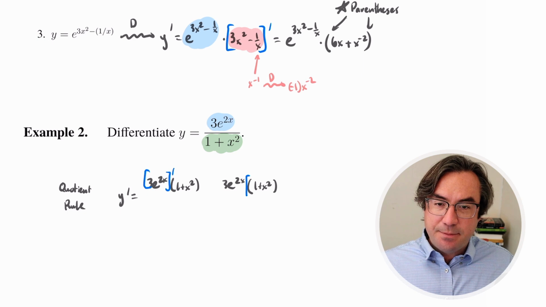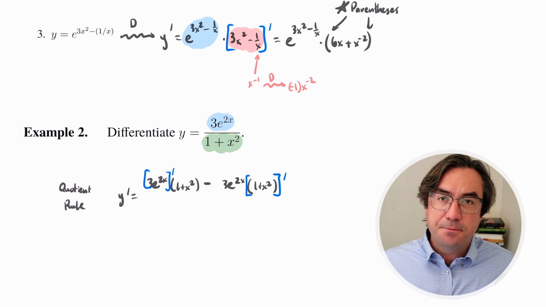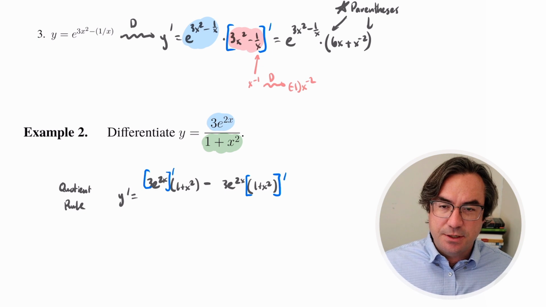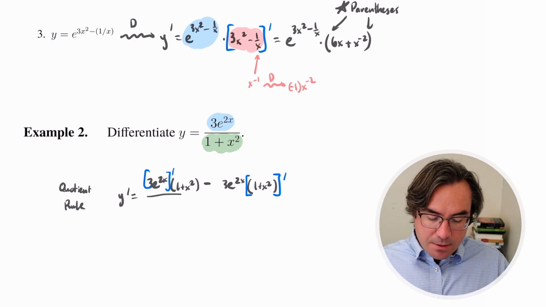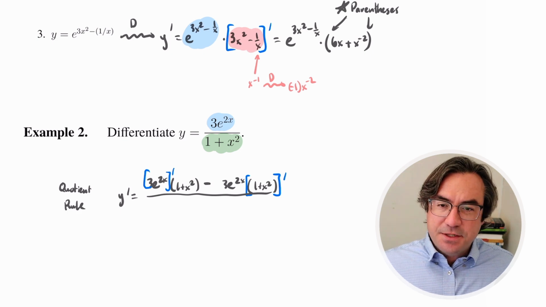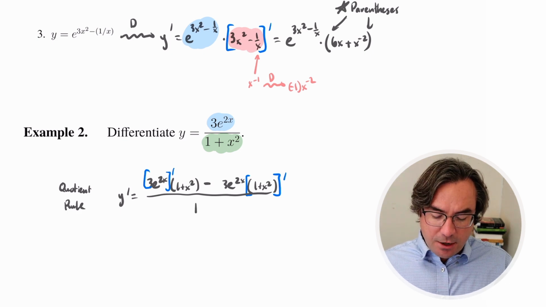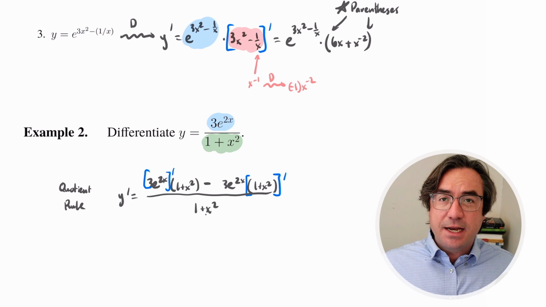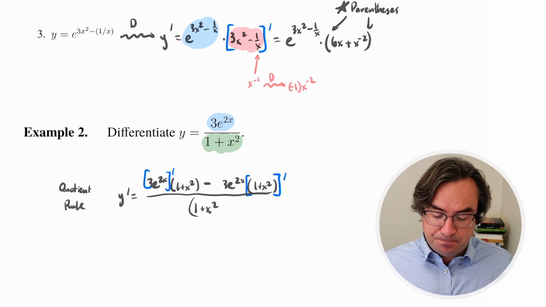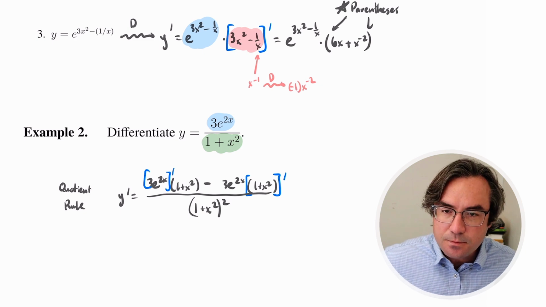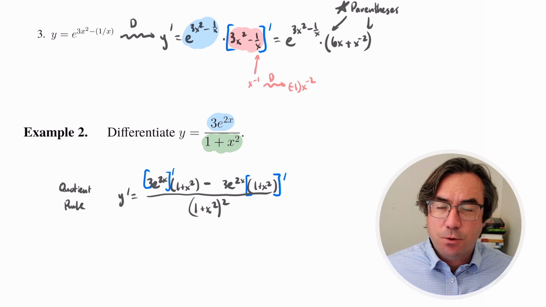And then in the second copy, we apply it to the second part. And then we put a minus sign in the middle there. So quotient rule gets subtraction. So it's kind of like product rule. And then we make this into a big fraction, and we take our original denominator, which was 1 plus x squared, and we just square it.